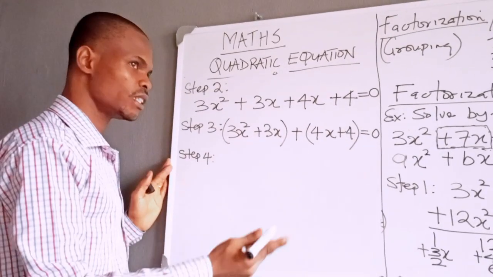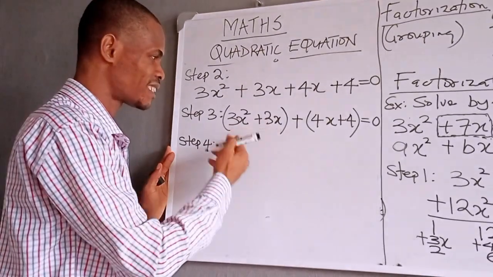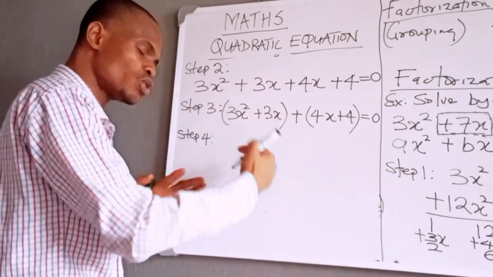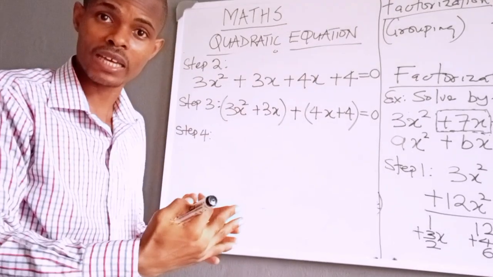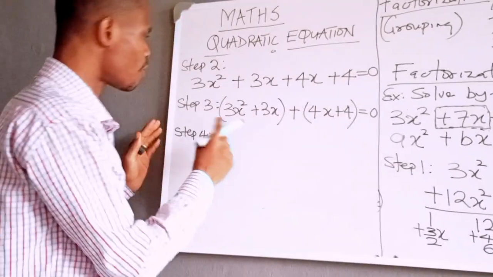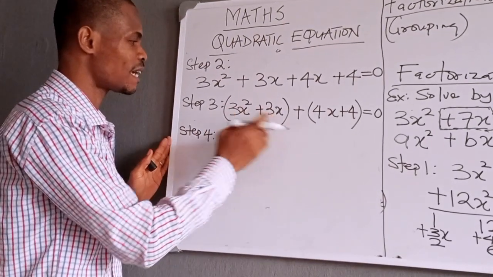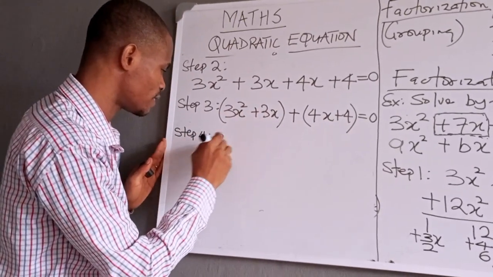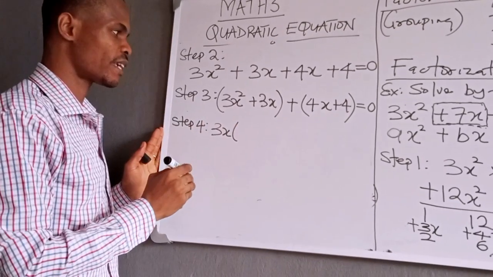What does it mean? It means I'm going to collect like terms out of the bracket and then group the remaining. Now I consider what are like terms here. I have 3x on both sides, so I will bring out 3x and open bracket.